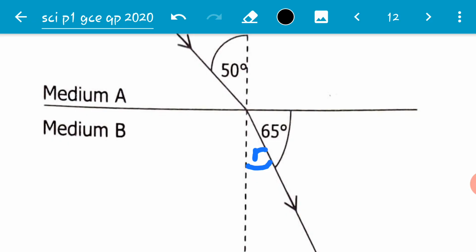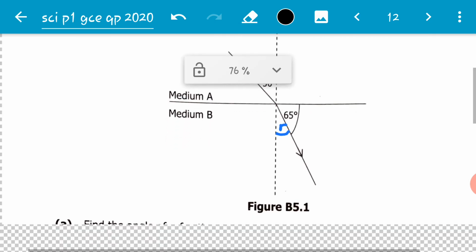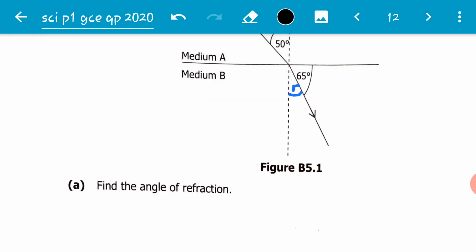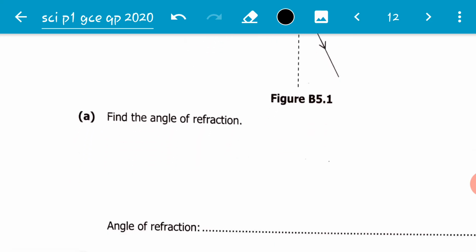It therefore means that 65 plus R gives us 90 degrees. Since it's basic mathematics, R is equal to 90 minus 65.